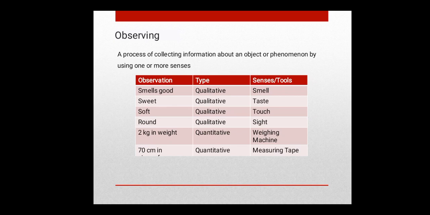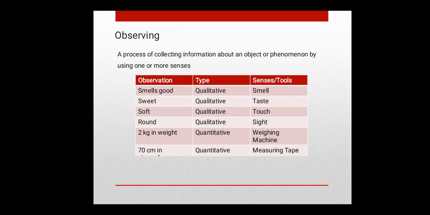Another method is the quantitative type of observing. Quantitative comes from quantity, meaning things that we can measure. Okay, we can count. So for quantitative, usually we use tools.